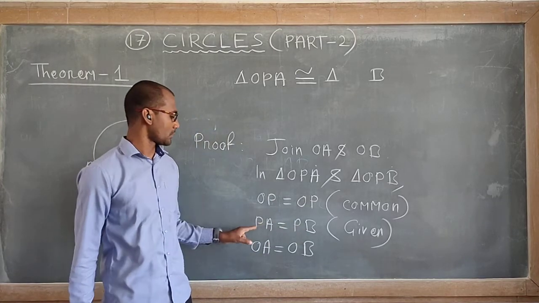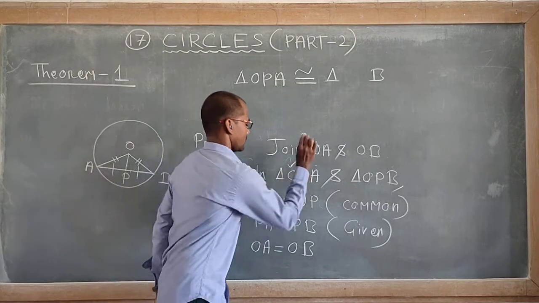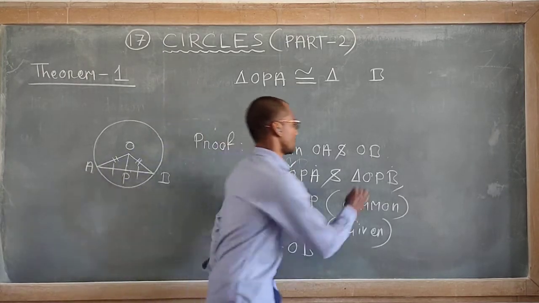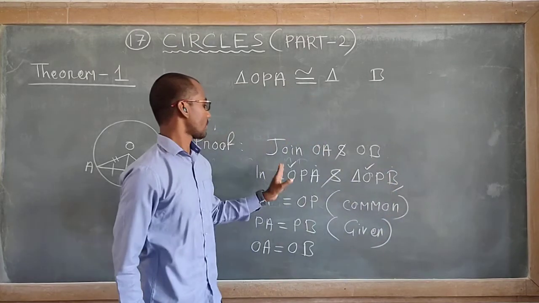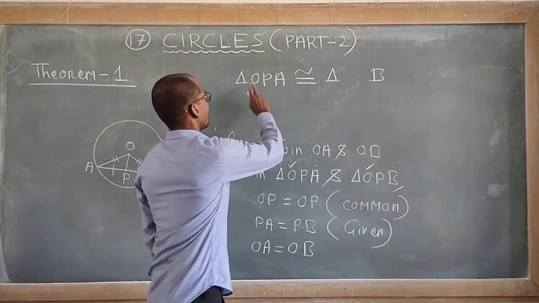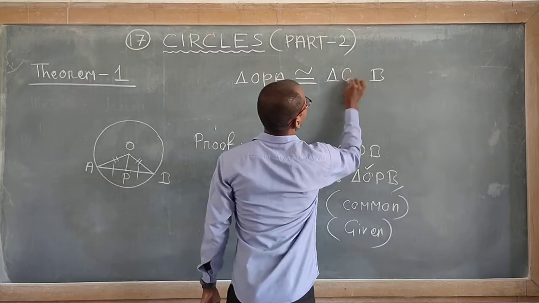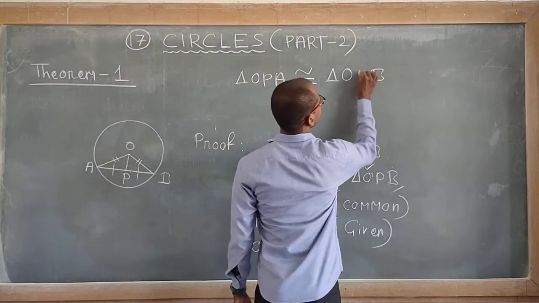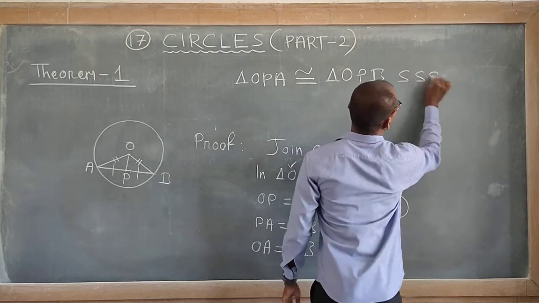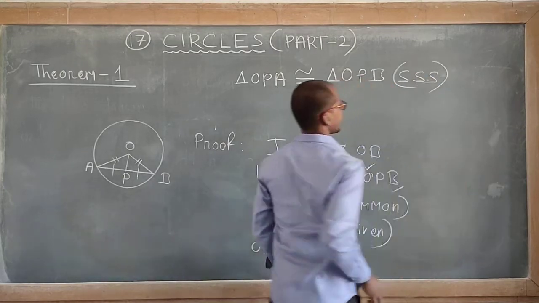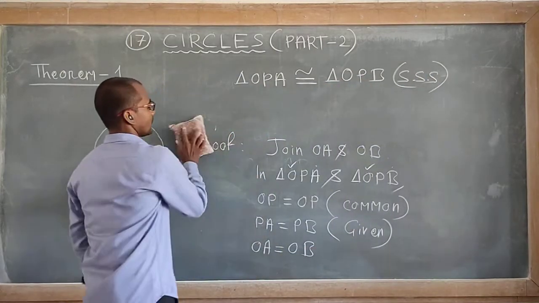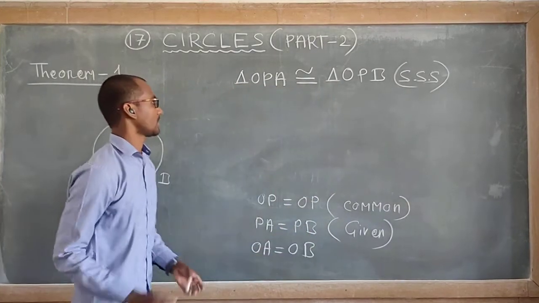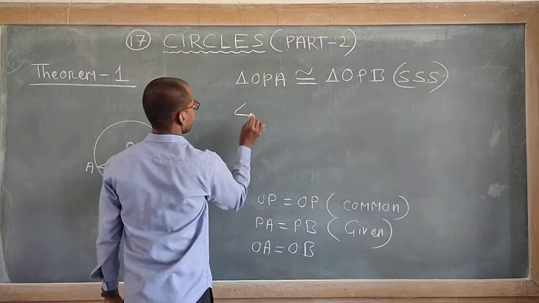Which vertex is opposite to PA? O. In triangle OPB, which vertex is opposite to PB? Again O. So O corresponds to O, and the last is P. This is by SSS postulate.